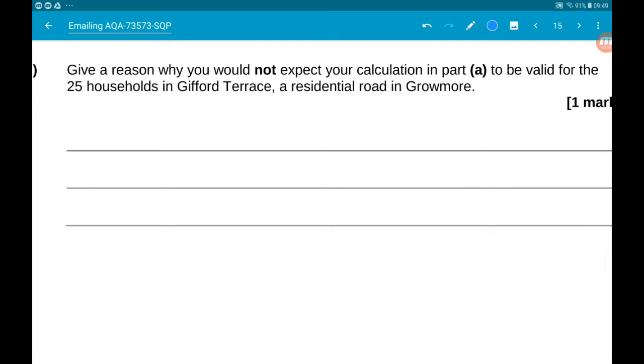So all 25 houses and owners on a single road are likely to be very similar. So, or if someone's neighbour grows fruit and veg, then it might make them more likely to also grow fruit and veg.